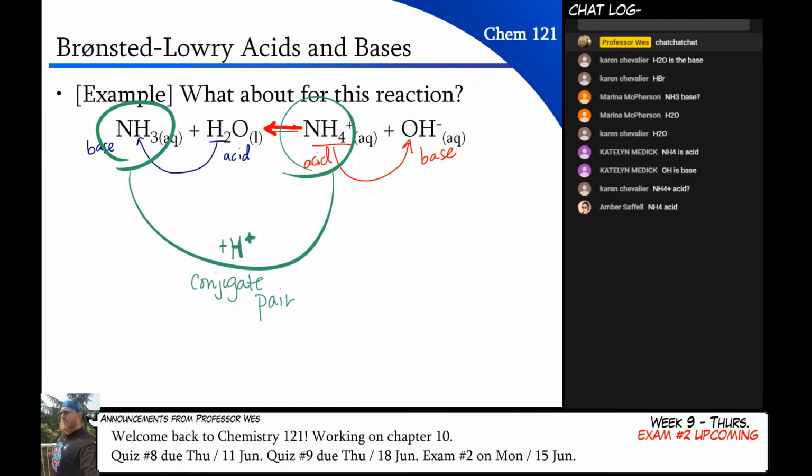Let me get a more distinct color. How about this one? So water right here, its conjugate would be hydroxide, because these differ by H plus. Really, I should be saying plus or minus H plus here.